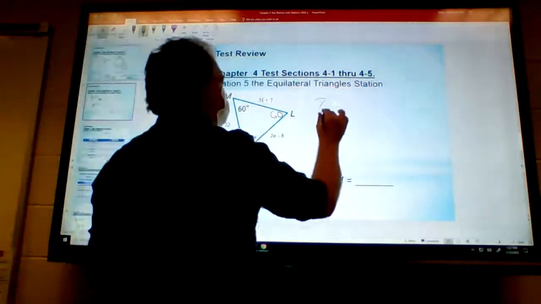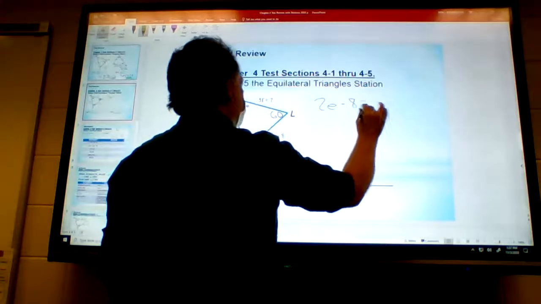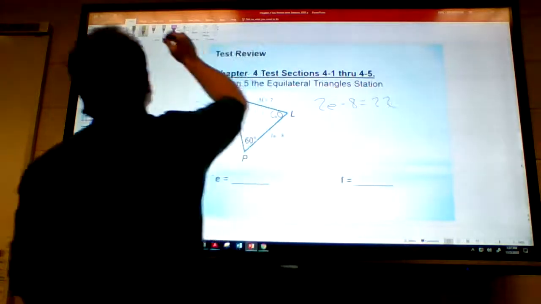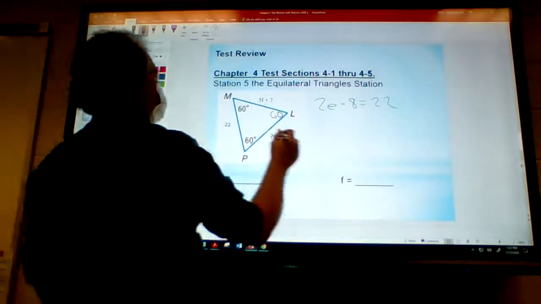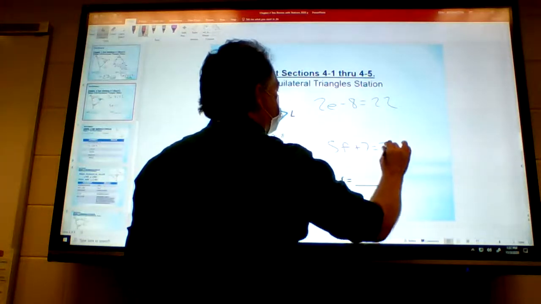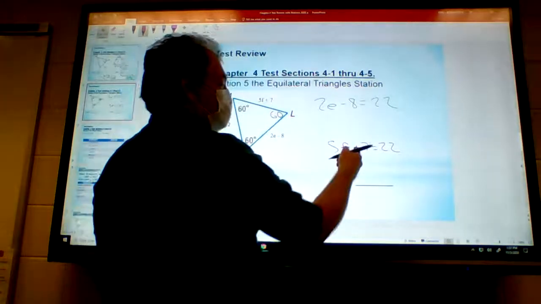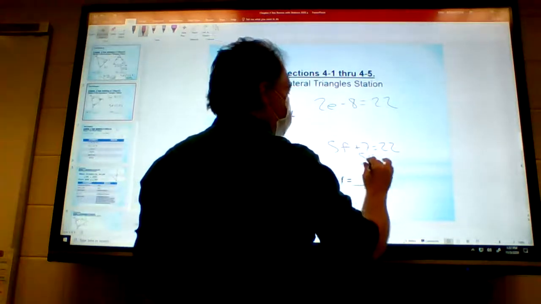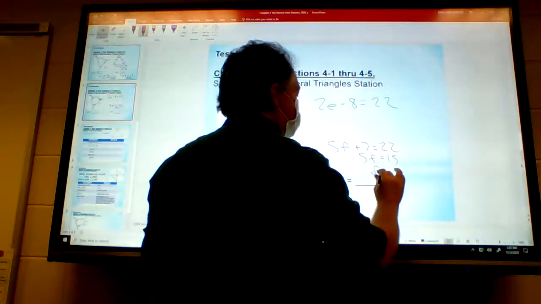So that means that 2E minus 8 equals 22, and 5F plus 7 equals 22. So they're both equal. So I subtract 7, I get 5F equals 15, so F equals 3.